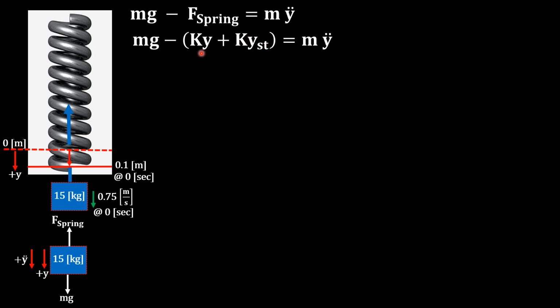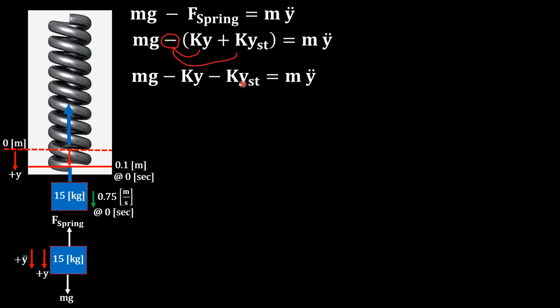So y is the amount the spring got displaced from equilibrium position, and y stretch is the amount the spring got stretched due to the hanged block. And now this minus sign, we want to get rid of it. So we will distribute it into the parentheses. So mass times gravity minus ky minus k y stretch equal to mass times acceleration.